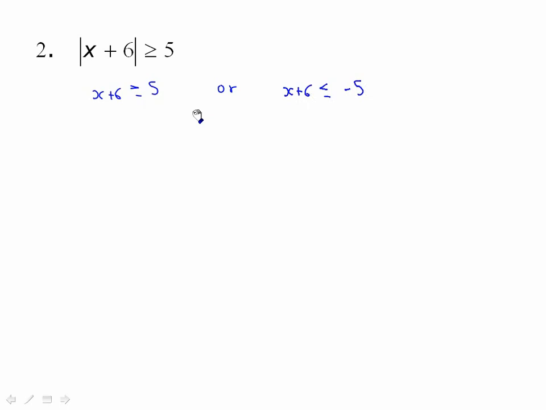And you see all that you're really doing is dividing the negative out and therefore reversing the inequality sign. So x is greater than or equal to negative 1, or x is less than or equal to negative 11. And then we check.